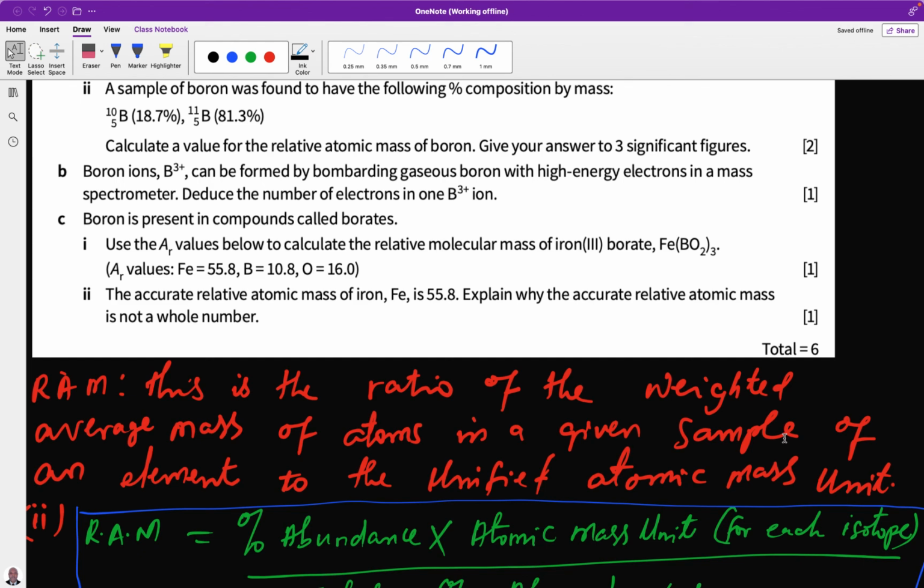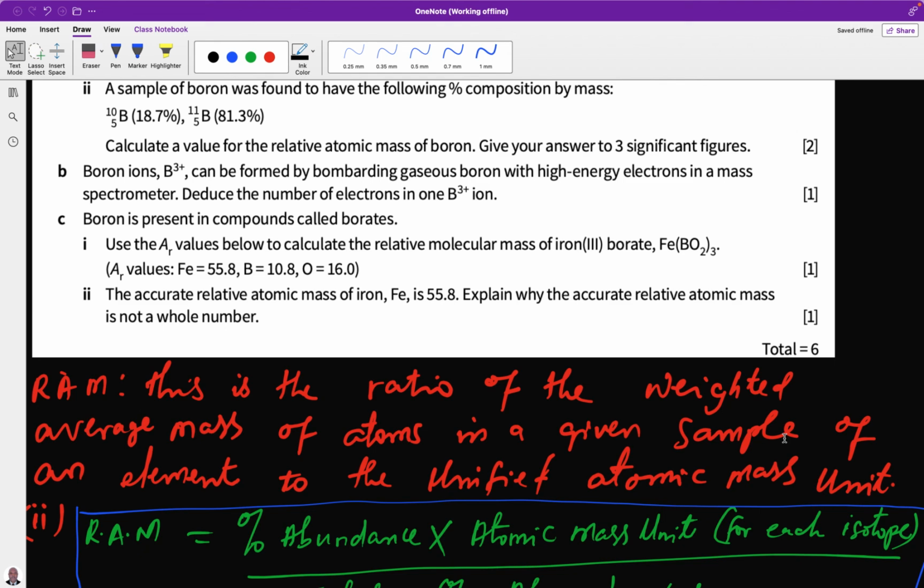I told you that to calculate the relative atomic mass of any element or the atom, it is the average mass of the atoms that are there. So when we take the average of all the isotopes, in that case, there are many isotopes.